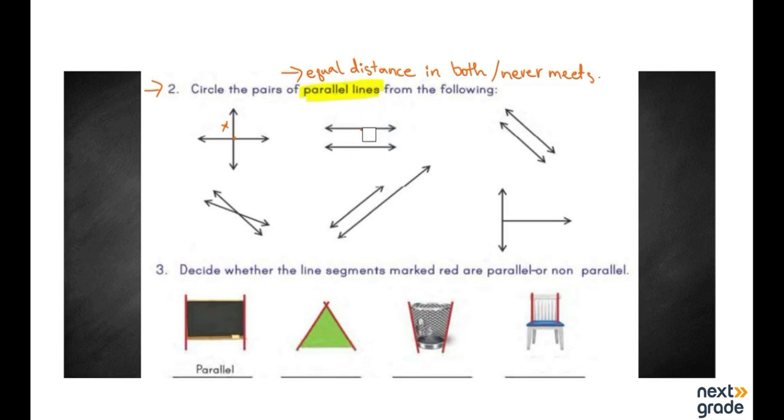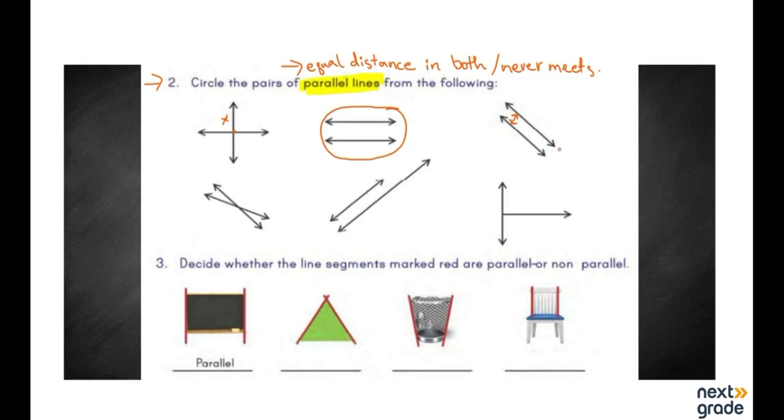So we will say that this one is a parallel line, so we're gonna circle this one. Besides this, these two lines are actually at equal distance from each other and they are not going to meet at any point, no matter how much you extend it. So this line is also a parallel line, so we circle this one as well.